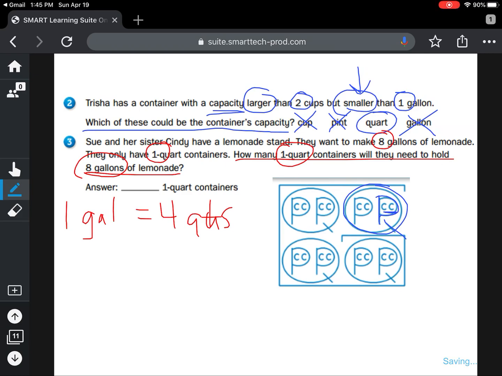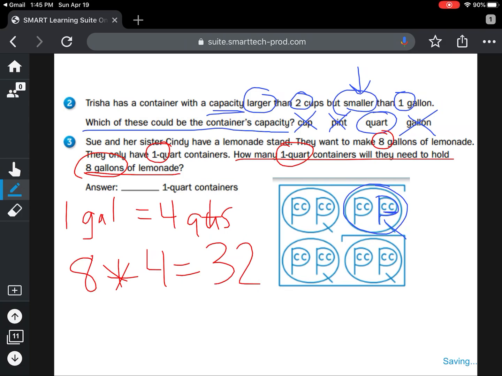Now I need to figure out how many quarts are in 8 gallons. So if 1 gallon equals 4 quarts, that tells me I can take my number of gallons, 8, and multiply it by 4, because every gallon has 4 quarts. And you know that 8 times 4 equals 32.